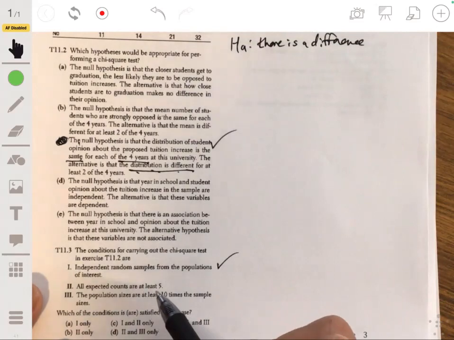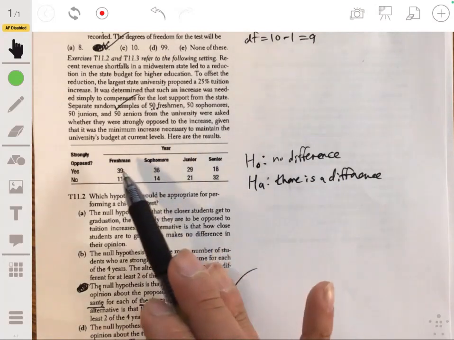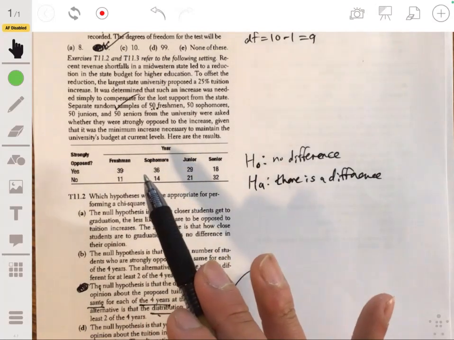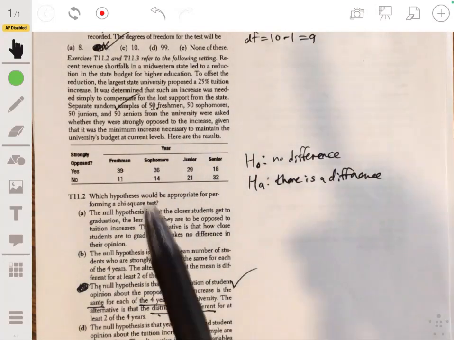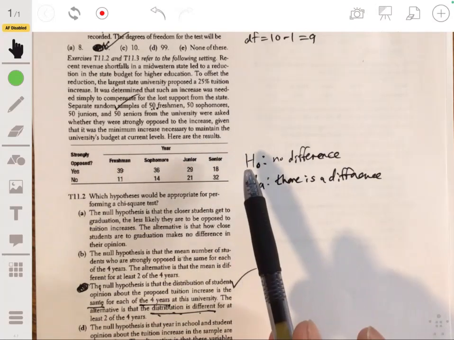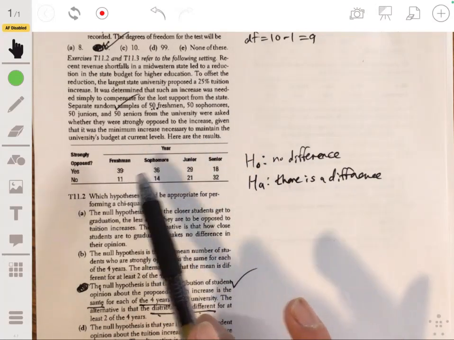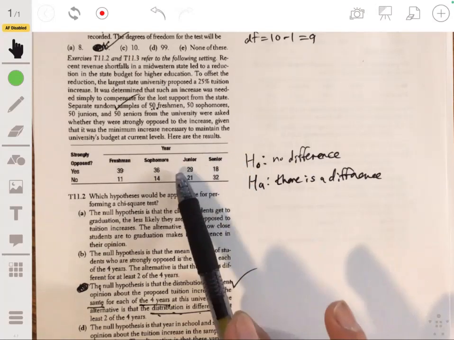All expected counts are at least 5. Expected counts, in other words, if the null hypothesis were true, what would you expect for each yes and no to be in each grade level?